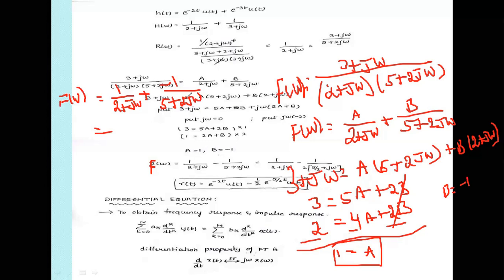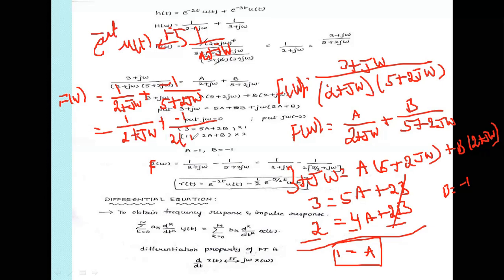But it is not in the form of e power minus at mu of t. E power minus at mu of t has Fourier transformation 1 by a plus j omega. So keep the j omega coefficient as 1. Bring the 2 as common: 1 by 2 plus j omega plus minus 1 by, taking the 2 as common, j omega plus 5 by 2.